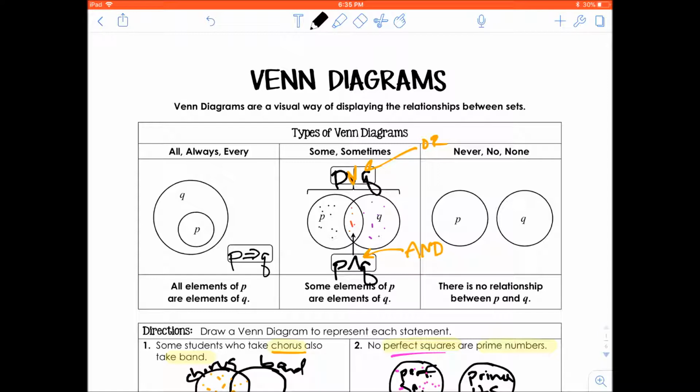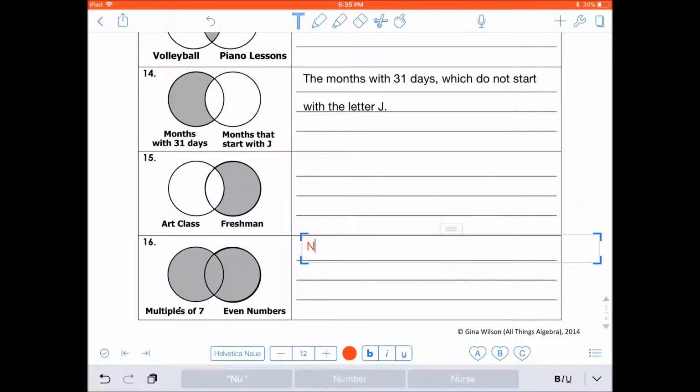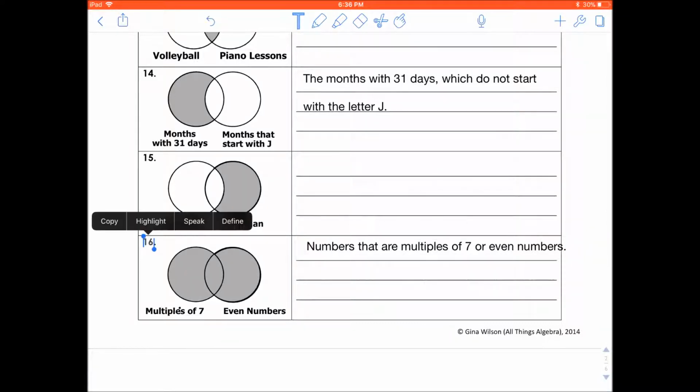So in this picture, this shaded region is showing us all the numbers that meet the following condition: all the numbers that are multiples of 7 or even numbers. So it's numbers that are either multiples of 7 or they're even. That describes everything that's shaded. It's just about finding a way to describe the shaded region.